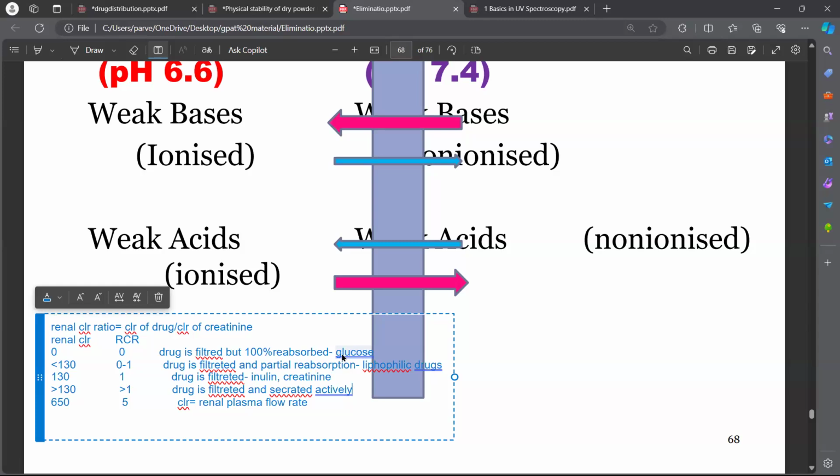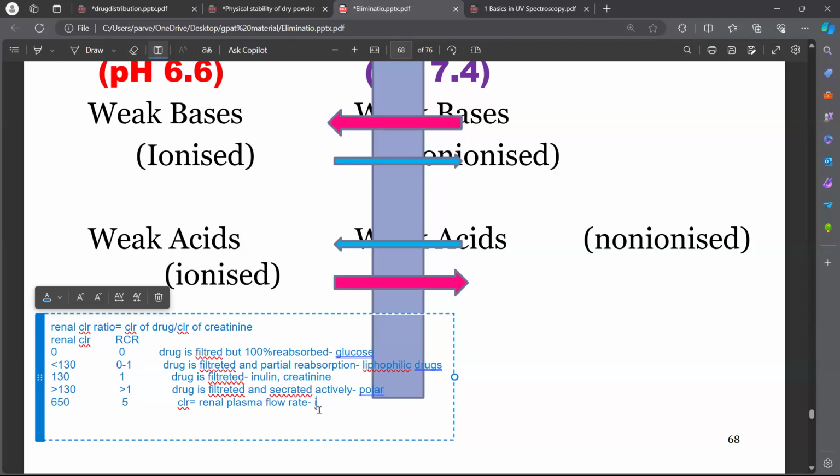What will be the examples of the drugs for this one? Polar and hydrophilic. Great. And for this, where the clearance is directly proportional to the renal blood flow rate, iodopyracet. Great, Vivek.